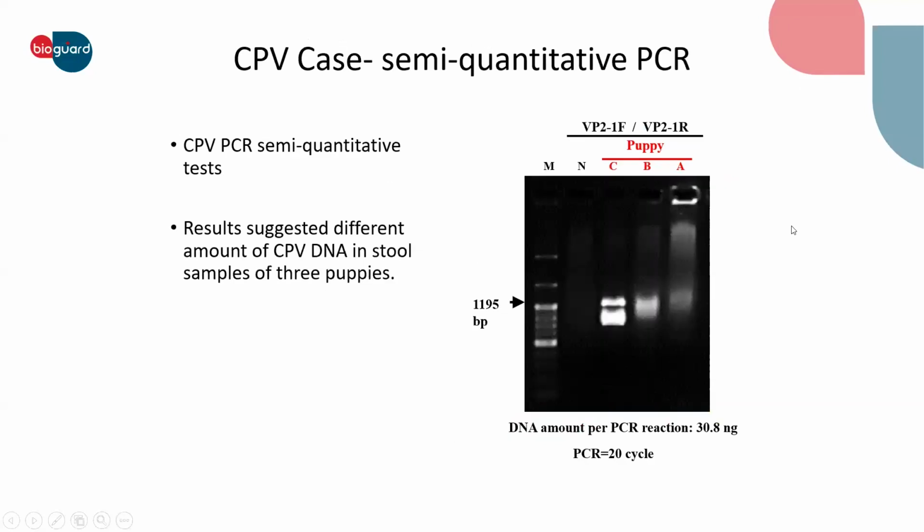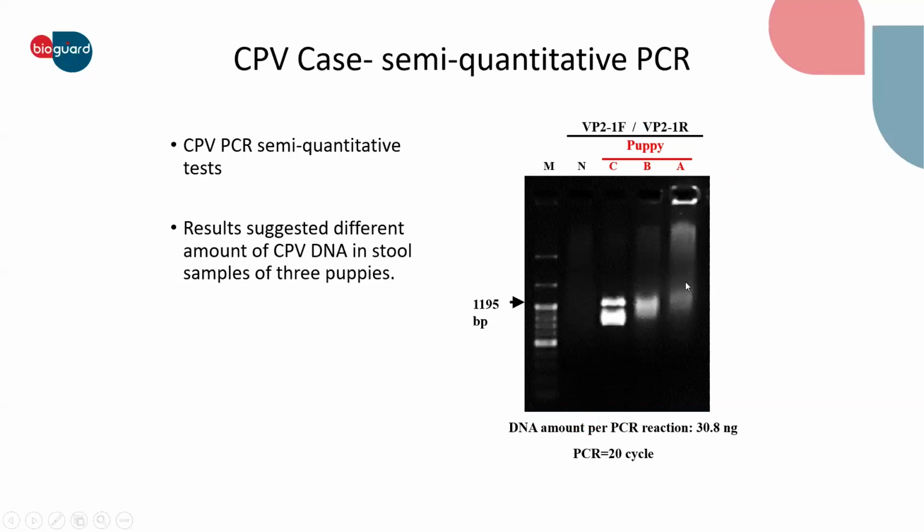And then we also did a semi-quantitative PCR test to identify the DNA amount of the CPV in those three puppies. From the semi-quantitative result here, we can see that at that time, puppy C, with mild CPV infection, has the most DNA of CPV virus in the feces.